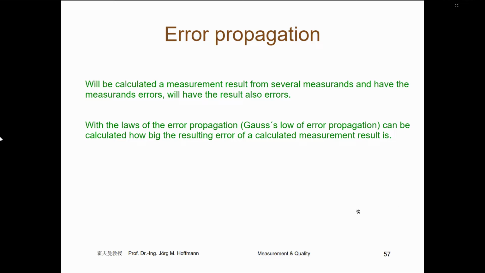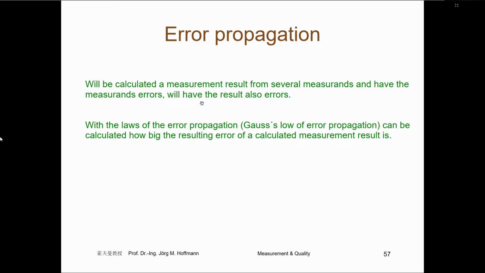It means a measurement result will be calculated from several measurements, and as the measurements have errors, the result will also have an error.